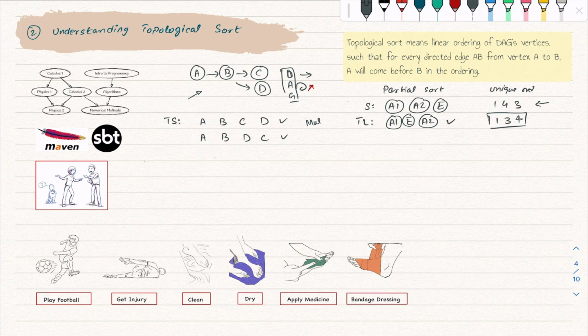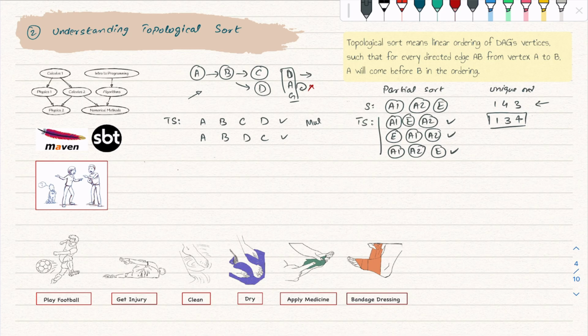It is correct. I can also say English first, Algebra 1, and Algebra 2. It is valid too. If I say Algebra 1 and Algebra 2, and then I do English, it is also valid. But we can't do Algebra 2 before Algebra 1. So all these are valid topological sortings.